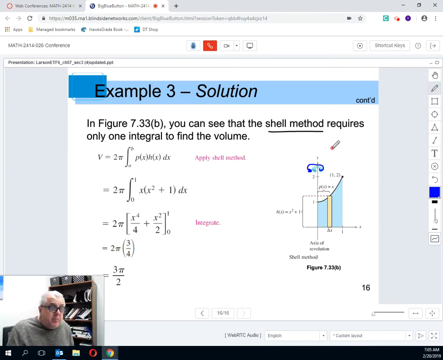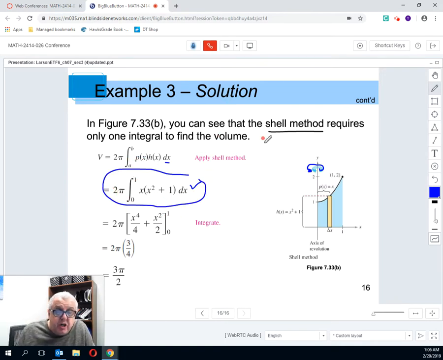However, for the shell method, since when you rotate around the y-axis we use x as our variable, here's the equation for the shell method that we should have gone over earlier, and the disk method had a separate equation. So if you look at it, we're doing everything with respect to x, and it only requires one integration. So using the shell method only required one integration, and we get the same answer.